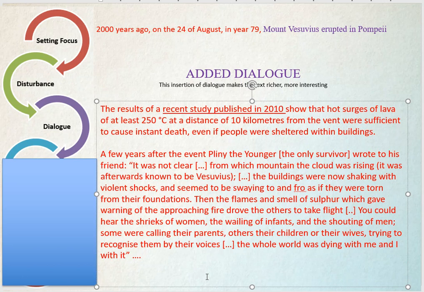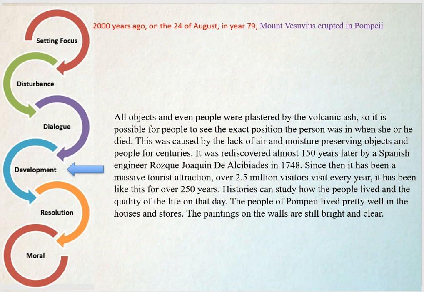And now the story, through those voices, became closer, more important, more relevant to the audience. So once we have reported what people were saying, we move to the next stage, which is the stage of development. So she had that stage well covered, and she describes what actually happened, right?